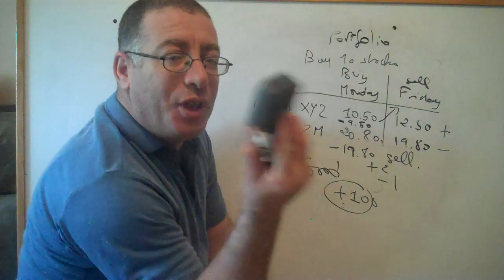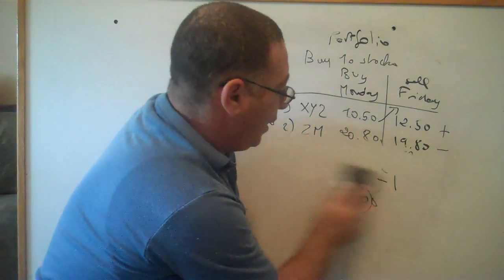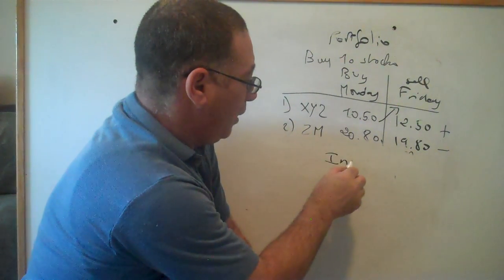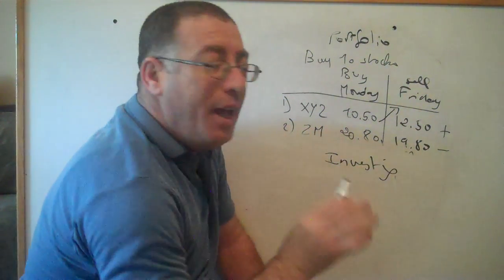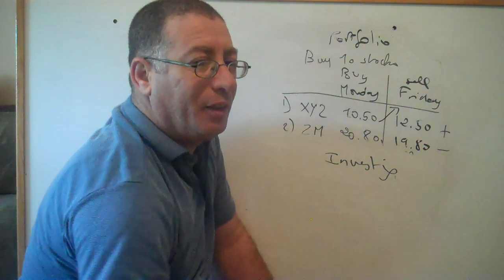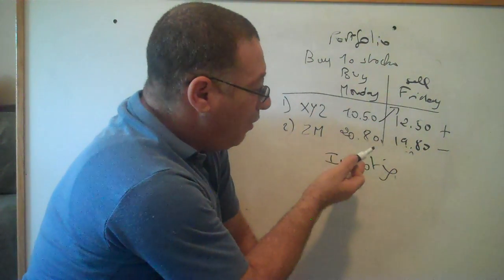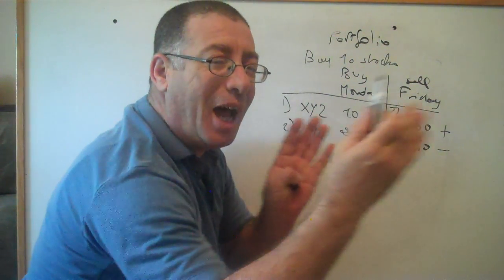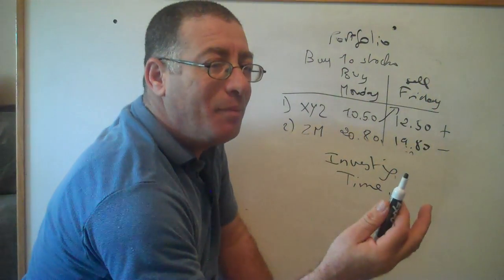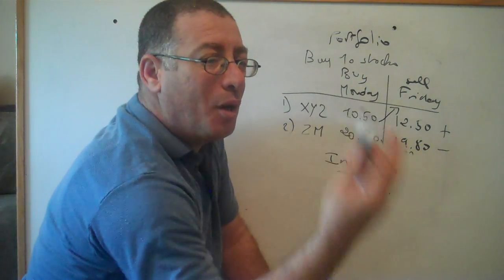Now suppose that you are doing investing. Investing is different from trading in the portfolio, because investing needs time. This is the most important thing. You need time to see if your stocks do good or bad.